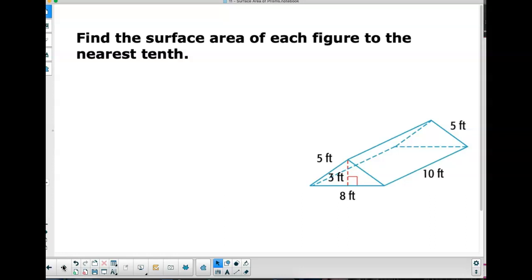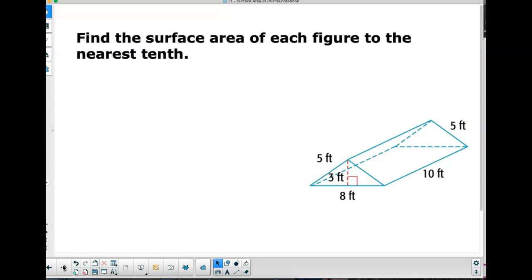Okay, so starting with this one, it says find the surface area of this triangular prism. Did you have your notes back there? You absolutely need to have this in front of you. Okay, so let's start by listing what we have.